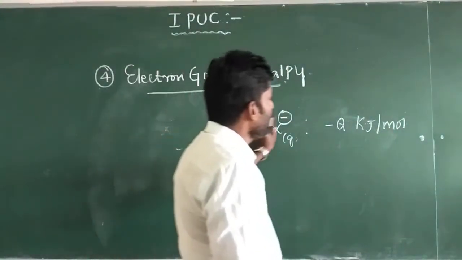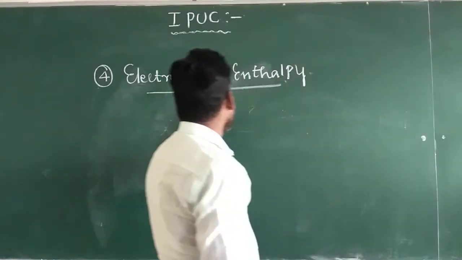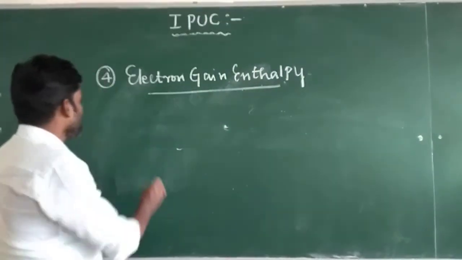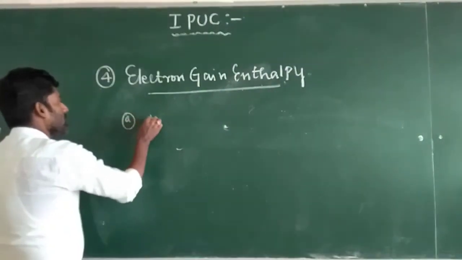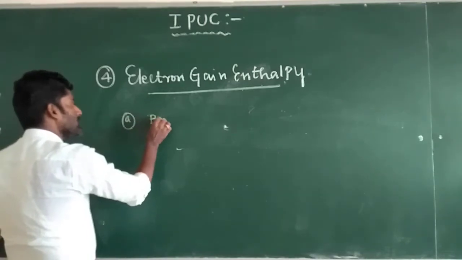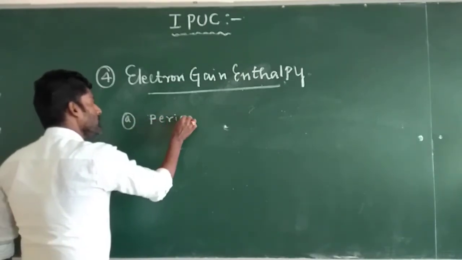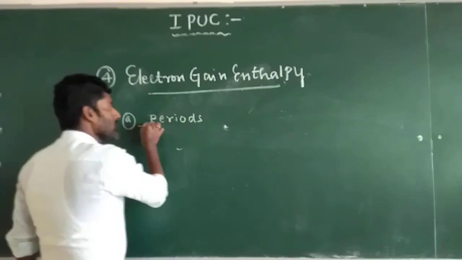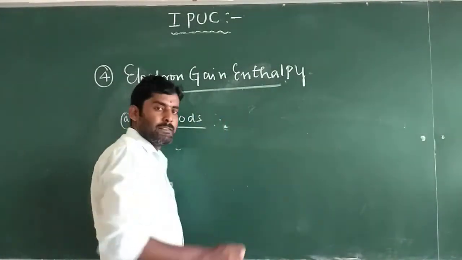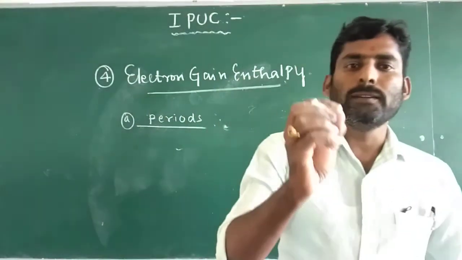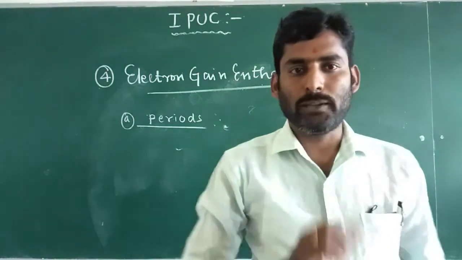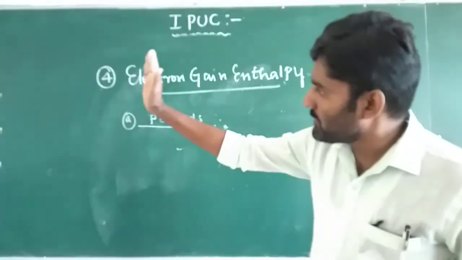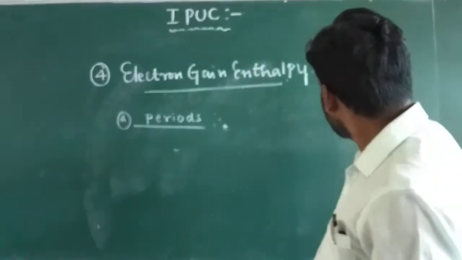And once again, in the periodic table, in the periods, the electron gain enthalpy becomes more negative when we move from left hand side to right hand side.